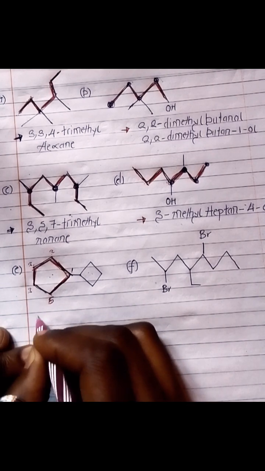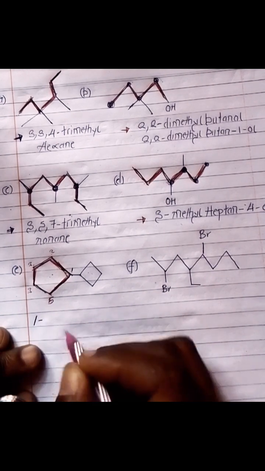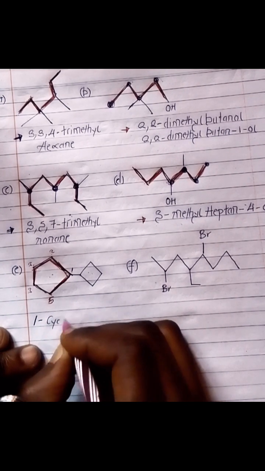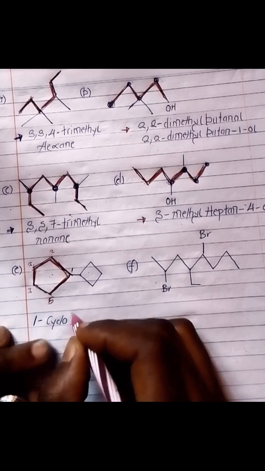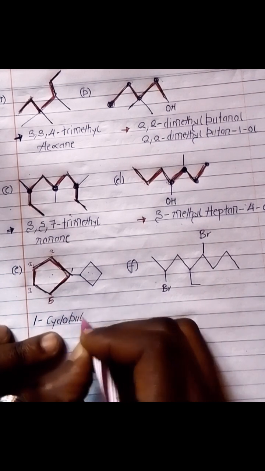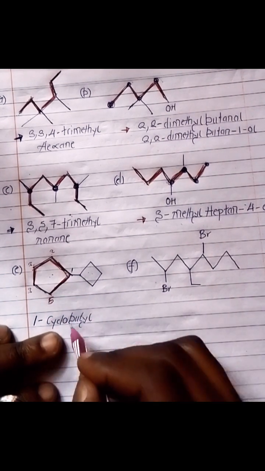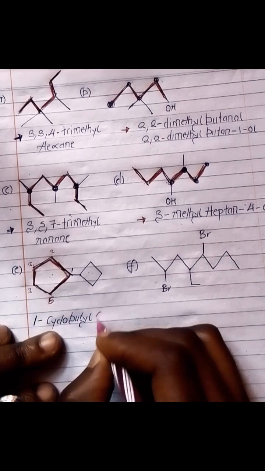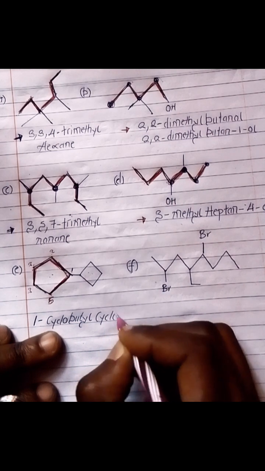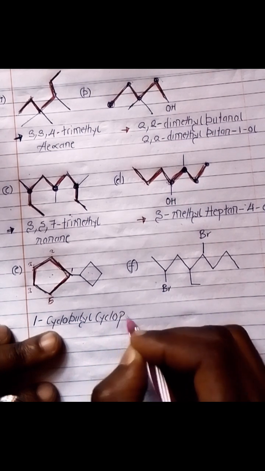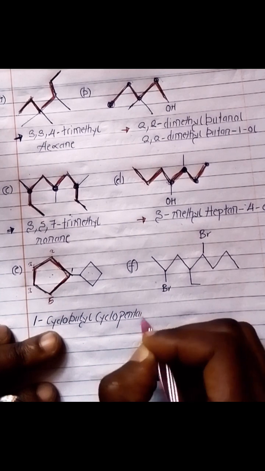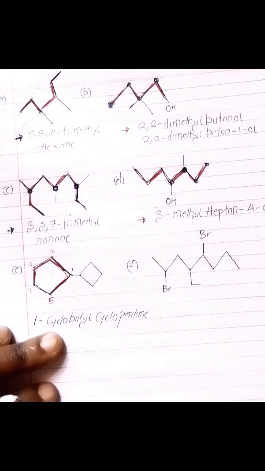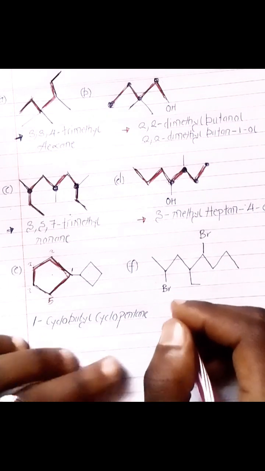We have a cyclobutyl attachment. So 1-cyclobutyl, right? And then what's the parent chain? Cyclopentane. Therefore you've named the compound. So we say 1-cyclobutylcyclopentane.